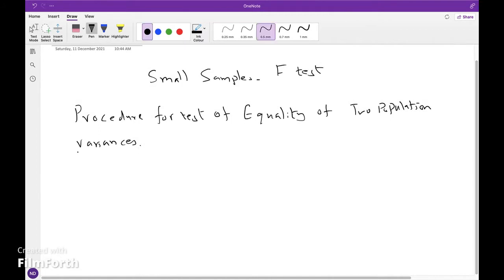First fix the null hypothesis H naught: sigma 1 squared equal to sigma 2 squared. The alternative hypothesis: sigma 1 squared is not equal to sigma 2 squared.